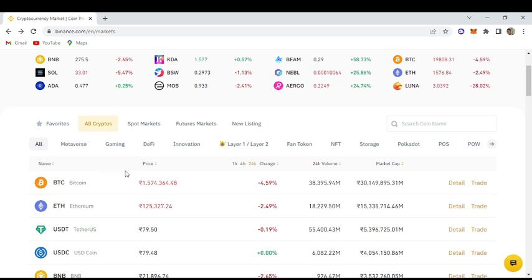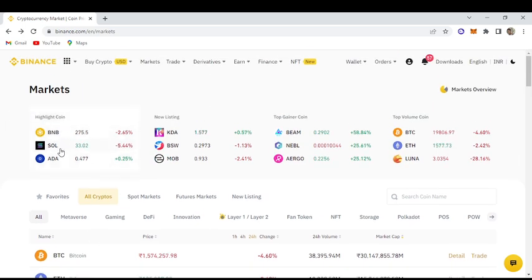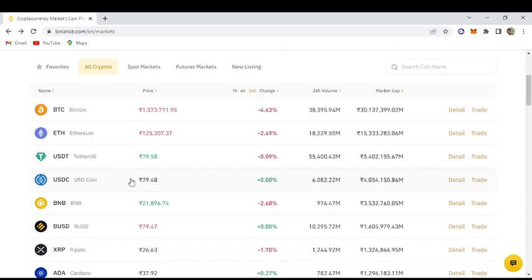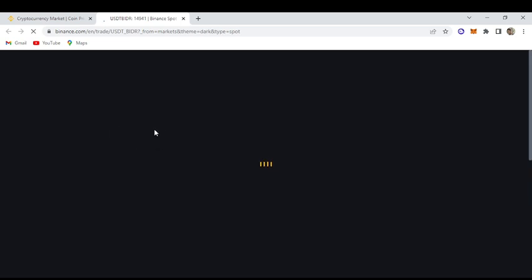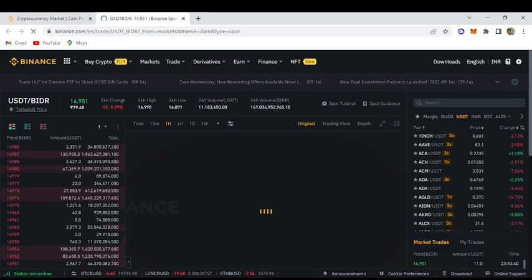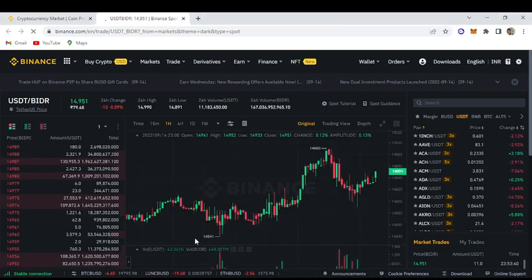After Ethereum, we have talked about BNB, ADA, and others. Okay, so after that, there is the USDT coin. So what is the USDT coin?